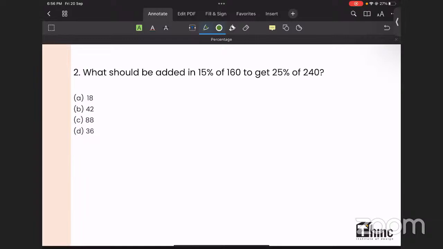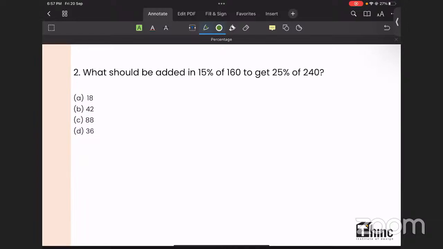What would be added to 15% of 160? There is no need for pen or paper for you to find 15% of 160. I want all of you to solve it in your mind. 10% is 16, 5% is 8, so 15% is 16 plus 8, 24.